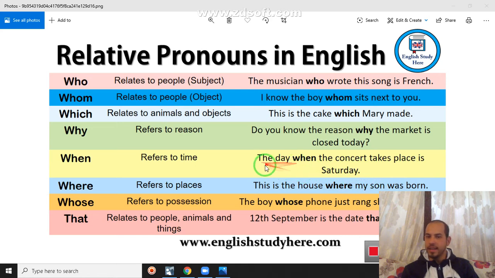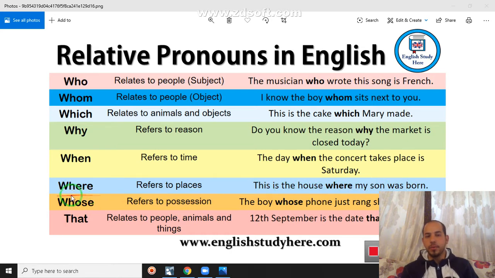So the day is a time, and when describes the time, the day. Okay. So always, as you can notice here, all the relative pronouns describe what comes before them. Okay, not after. But in one case, in the case of whose, and we will talk about whose.